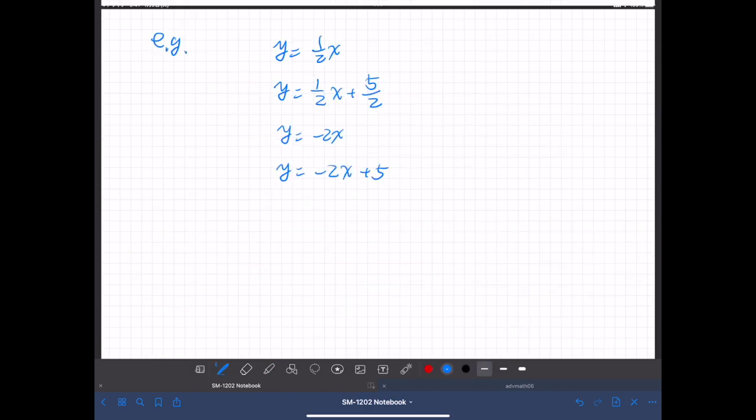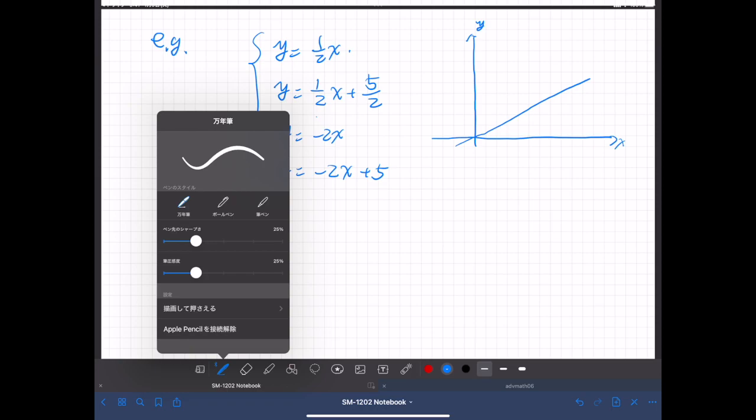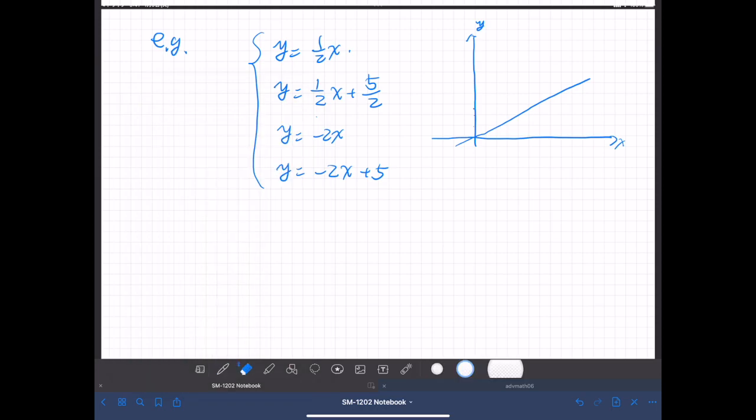Let's see an example. Consider the region defined by these 4 lines. So the region bounded by these 4 lines. So let's try to visualize this. In x and y, this one is a line passing through the origin, and this line is parallel to it. Something like this.